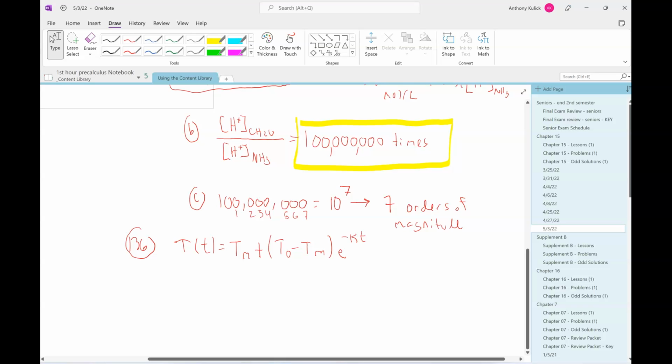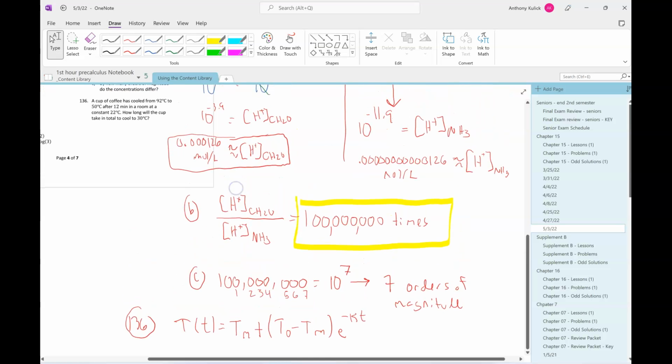If you're dunking something in cold water, it'd be the temperature of the cold water, the surrounding medium. T naught is the temperature of the substance when you remove it from the heat, so in this case it was the 92 degrees. The k is a constant specific to the substance you're working with. The constant for water would be different than the constant for iron. They're unique for each substance. And lowercase t is the time that the object has been removed from the heat source.